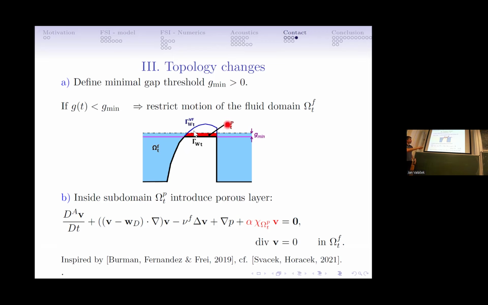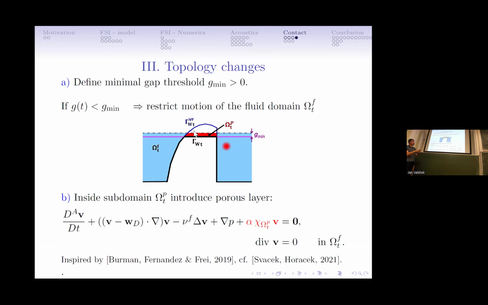So if we assume just a symmetrical problem, then this gap threshold will be denoted like this, and we don't allow the fluid flow mesh to deform more than this gap.